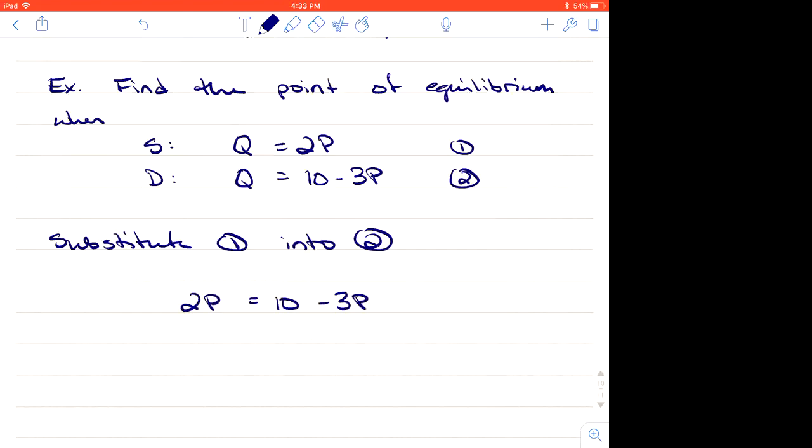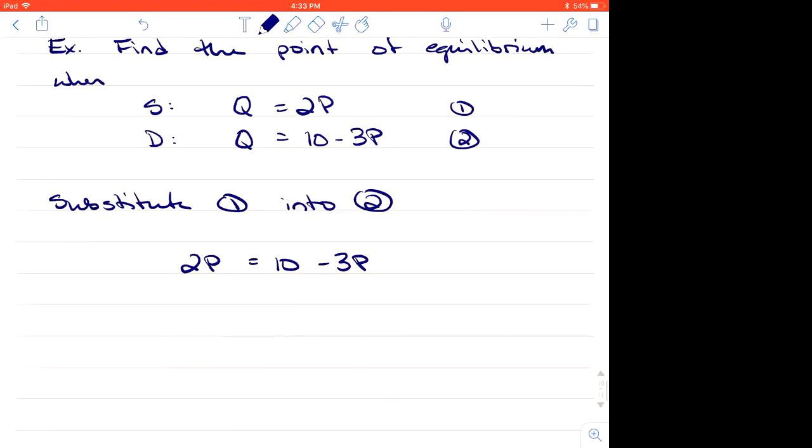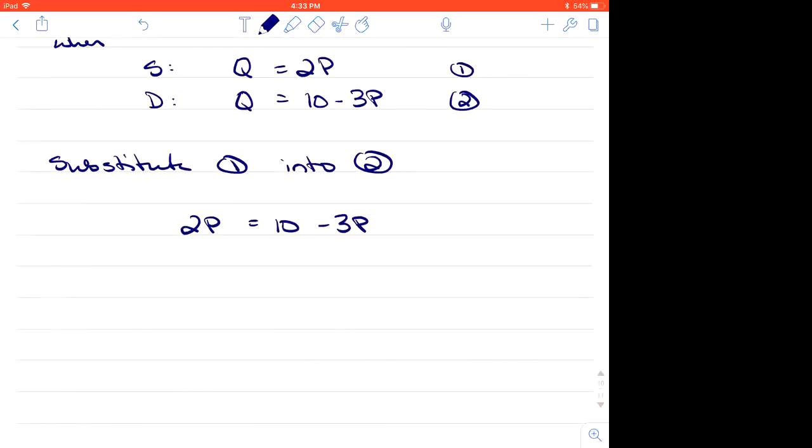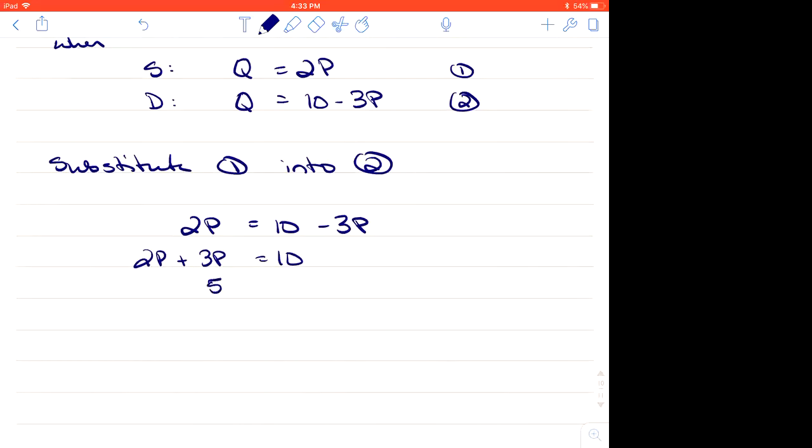Now we're going to solve for P. P is the only variable left, so we're going to solve for P. So I want to move P's to one side. I'm going to add 3p to both sides because I don't like negatives. So I'm going to have 2p plus 3p is 10. So I have 5p is 10.